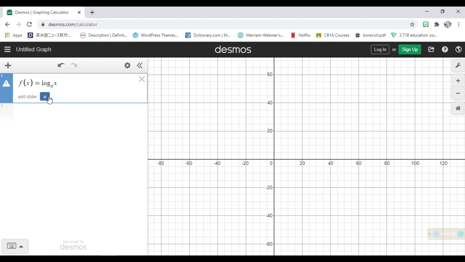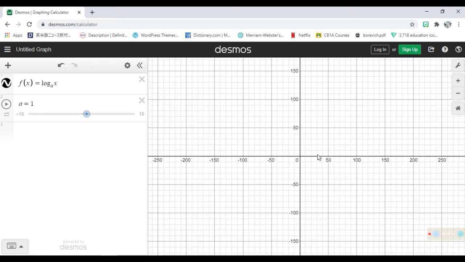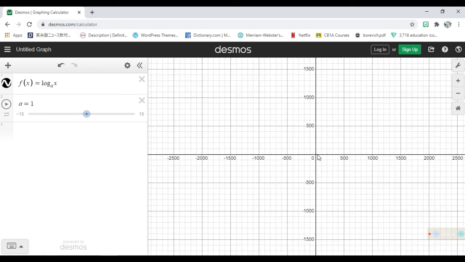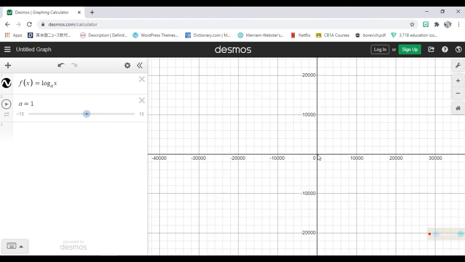And again, you will be given the option to add a slider. So for this, if you will take notice, our a is equal to 1 and you will not see any point on the graph or any line on this Cartesian plane. Why is that so?